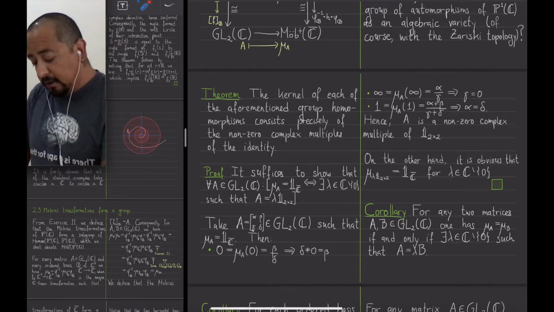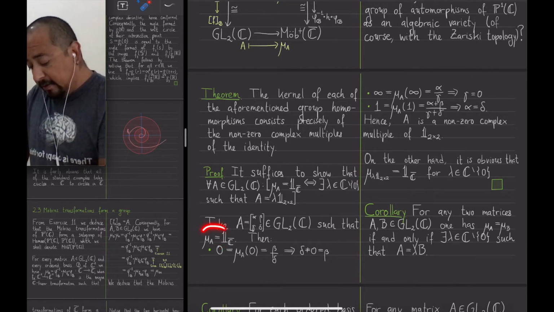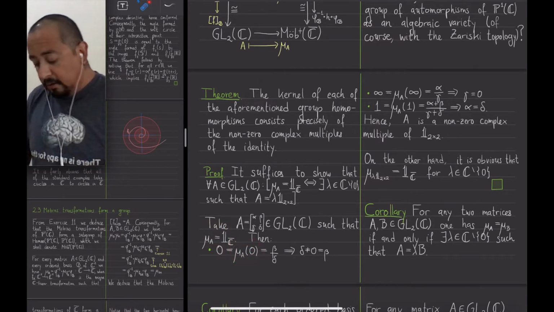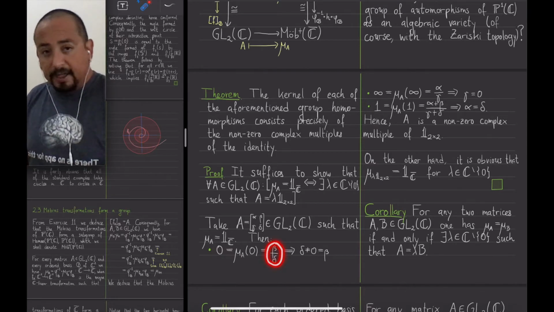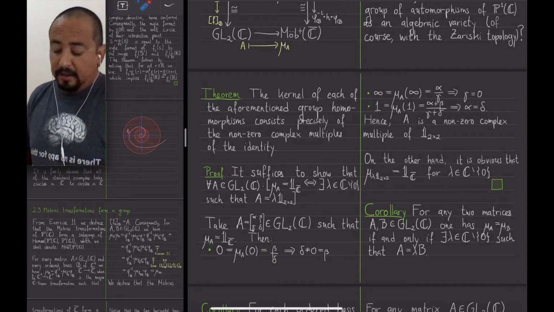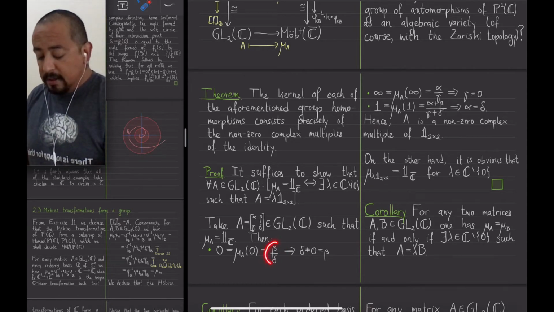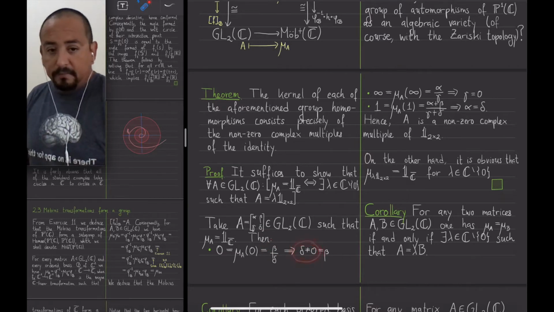So first of all, since we have that this is the identity, well, mu of 0 is 0, but mu of 0 is beta divided by delta, right? And with this we automatically see that delta cannot be 0.